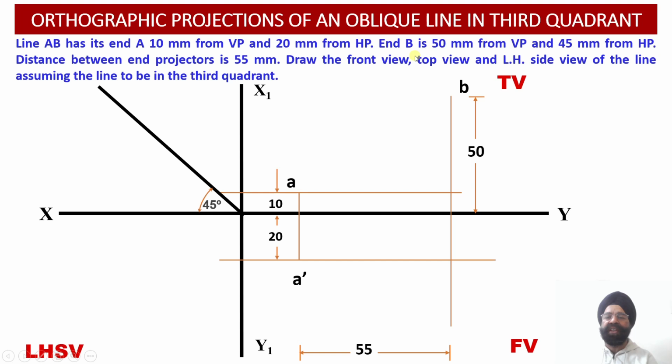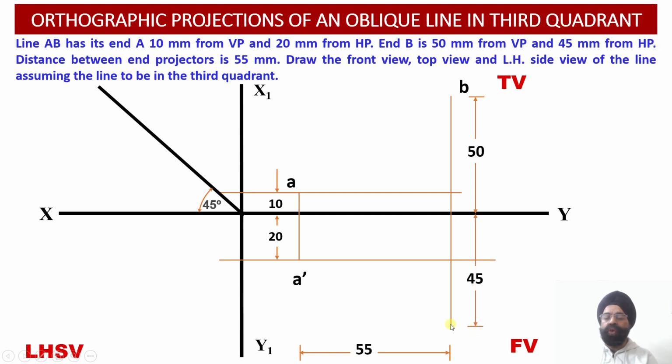Another information we have got is that end B is lying 45 millimeter below the horizontal plane, because we have assumed that this line lies in the quadrant number 3. So the distance of the point B from the horizontal plane is 45 millimeter below the horizontal plane.